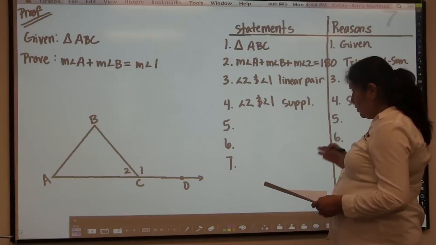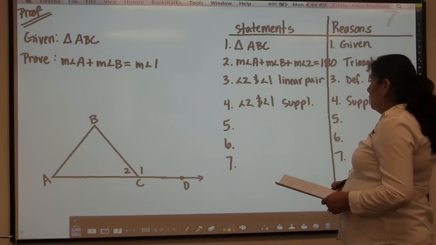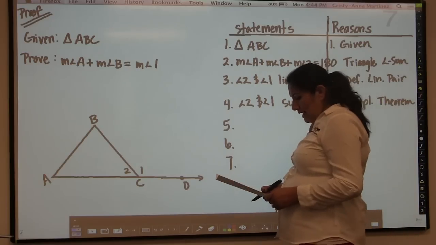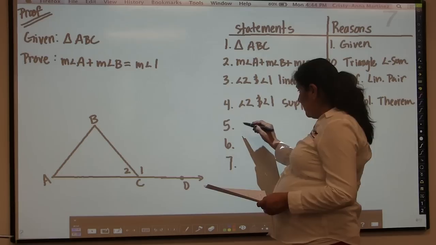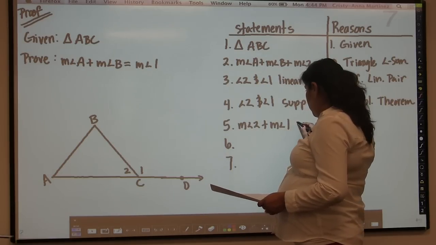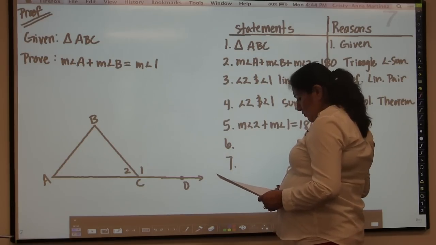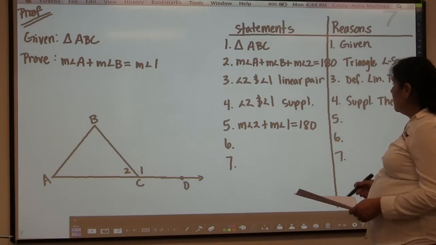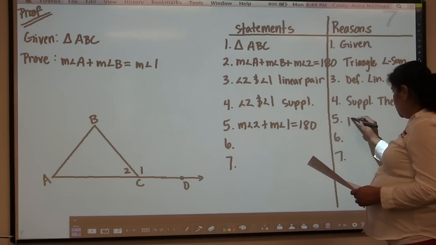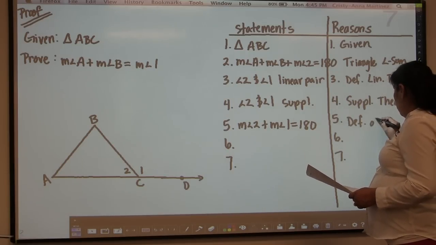The supplements theorem: if two angles form a linear pair, then they're automatically supplementary. All right, and so then because they're supplementary, we can state that the measurement of angle 2 plus the measurement of angle 1 equals 180. And that's going to be by definition of supplementary.